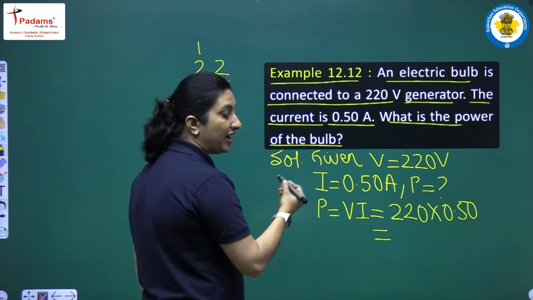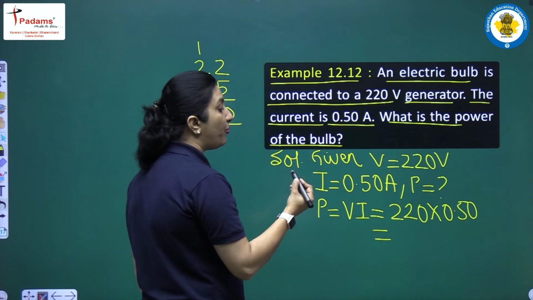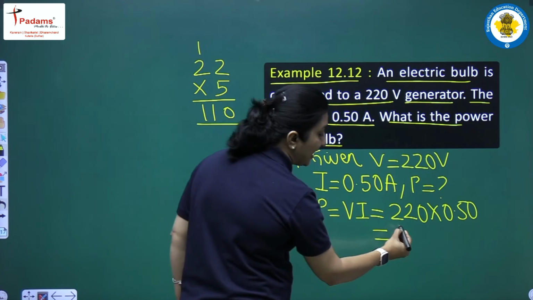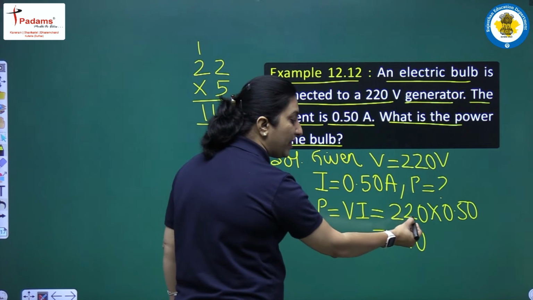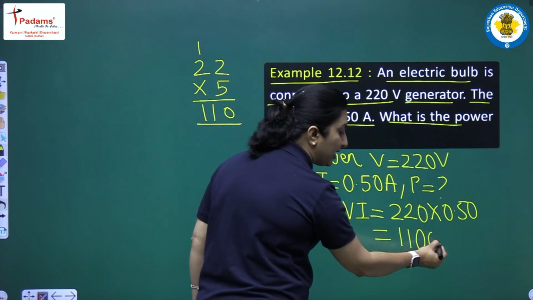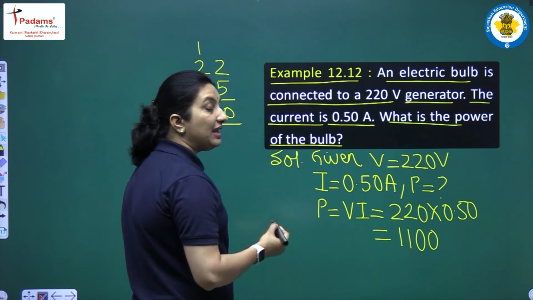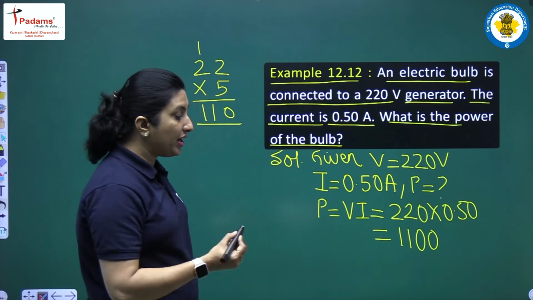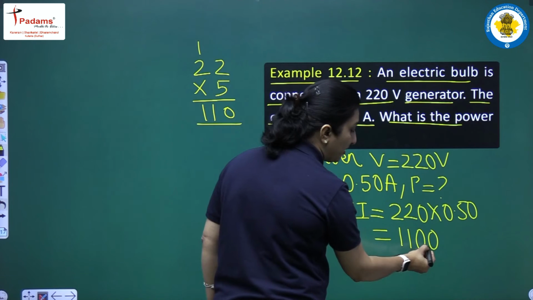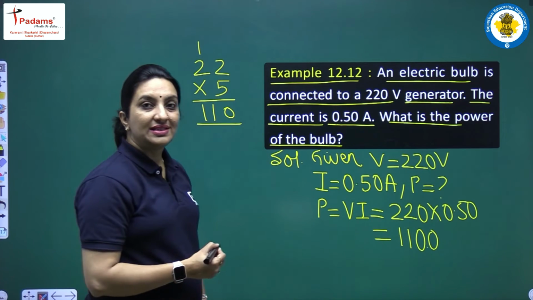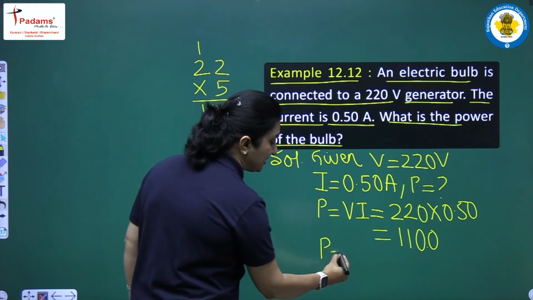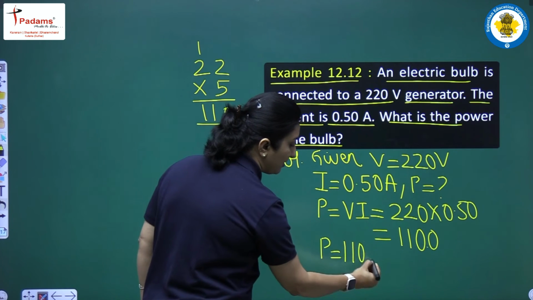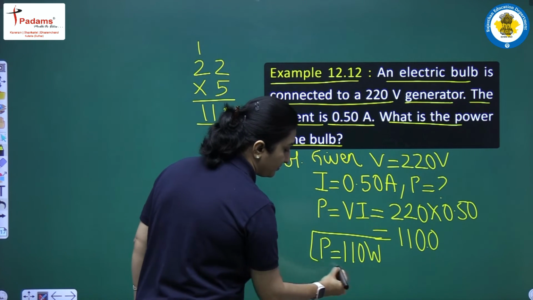Now in place of 5 I have a 0.50. So I will write 110. Now because it was not 22, it was 220, I will have a 0 over here, and in place of 5 I have 0.50. So this will become 110. So what I get, students, is that the power is 110 watts.